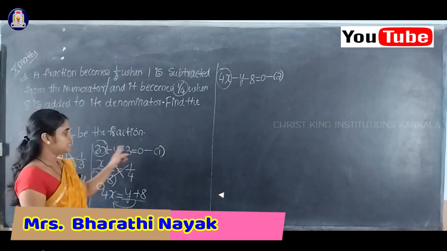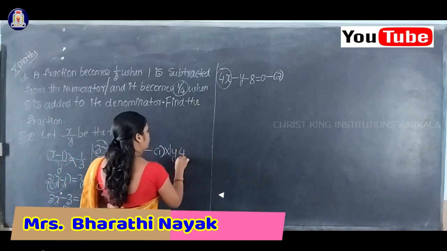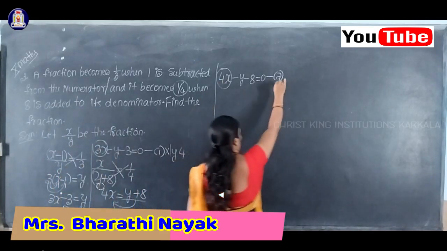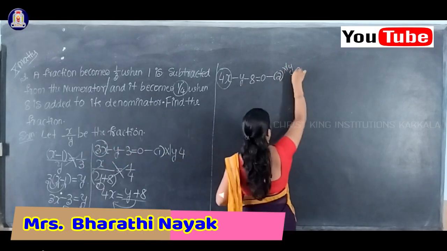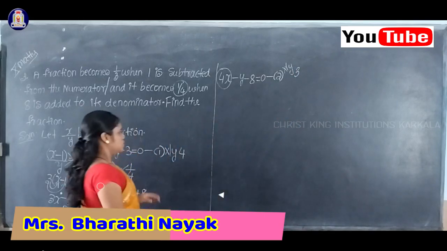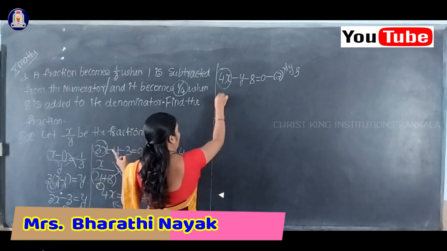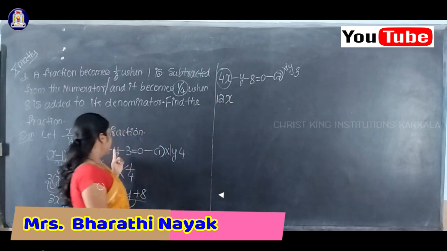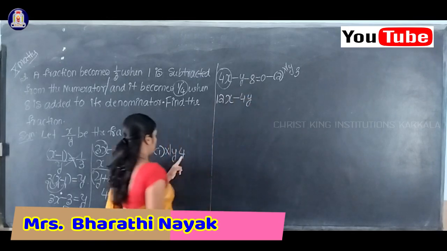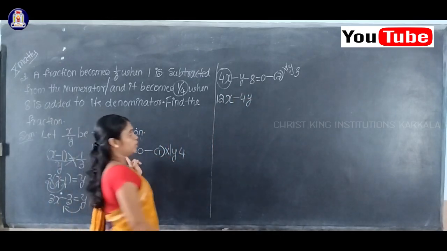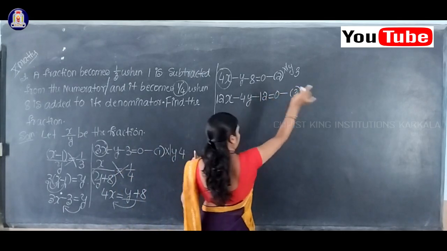I'll multiply equation 1 by 4 and equation 2 by the first number, 3. 4 into 3 equals 12x, 4 into minus y is minus 4y, 4 into minus 3 equals minus 12, equal to 0. This is your equation number 3.